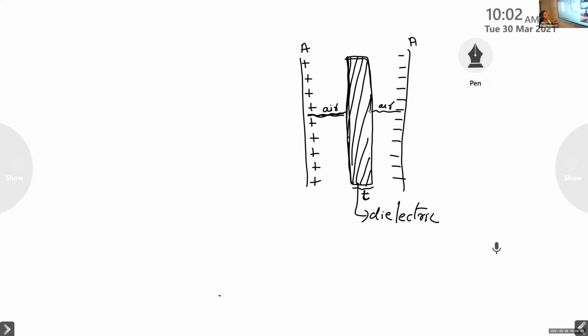In the first case, there is only one medium of separation, that is air. In the second case, we are separating the two conductors with air and also the dielectric. Clear?